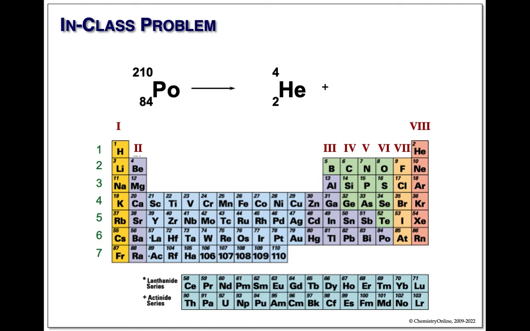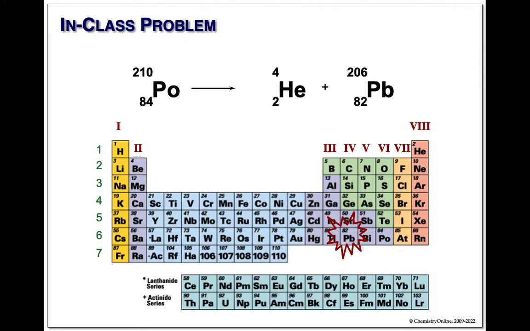When it loses its alpha particle, the atomic number drops by 2 to give us 82. 82 is, there it is, lead. So our symbol is Pb. We drop this from 210, lose 4, lead 206.